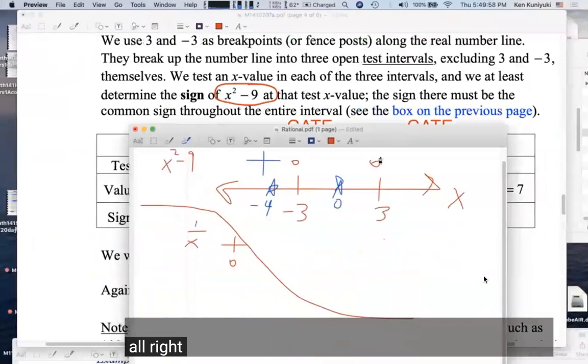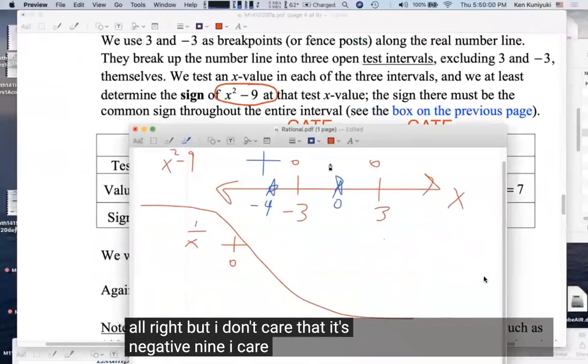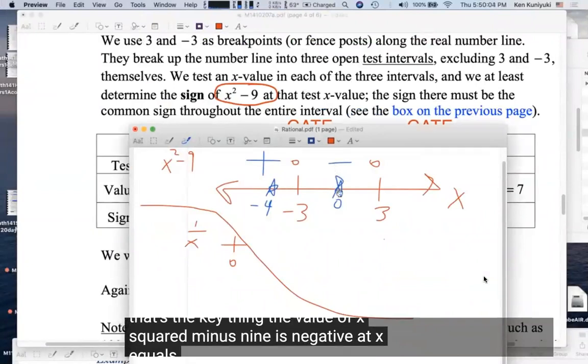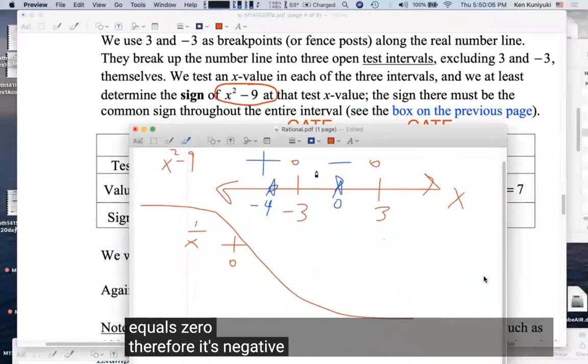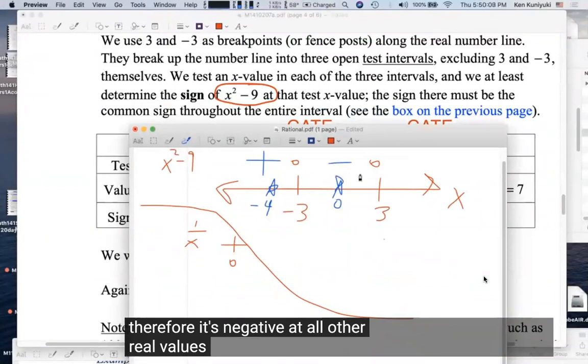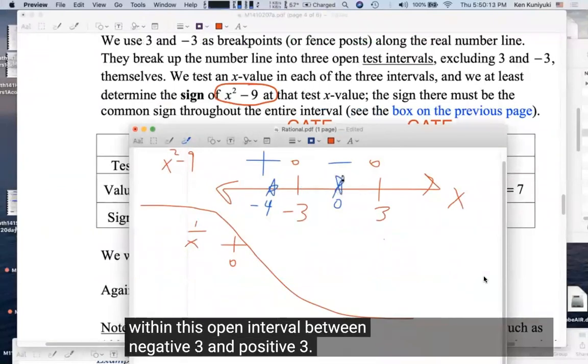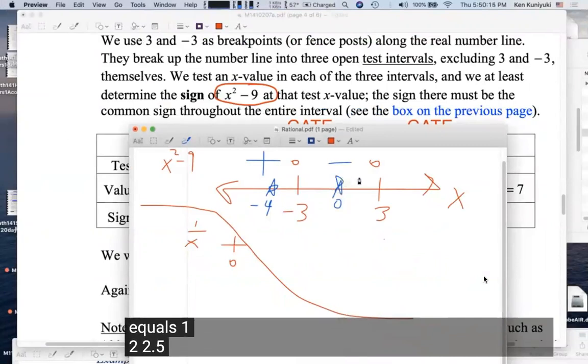But I don't care that it's -9, I care it's negative. That's the key thing. The value of x squared minus 9 is negative at x equals 0. Therefore, it's negative at all other real values within this open interval between -3 and +3. So at x equals 1, 2, 2.5, -2.5, I know the value of this is negative.